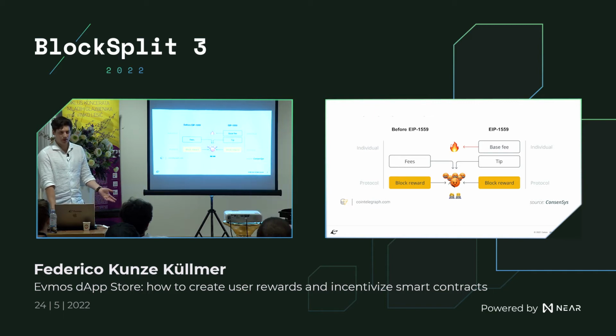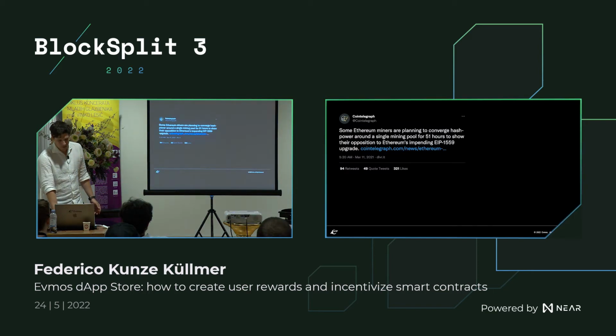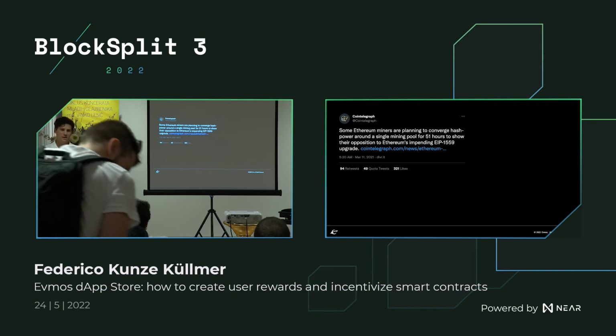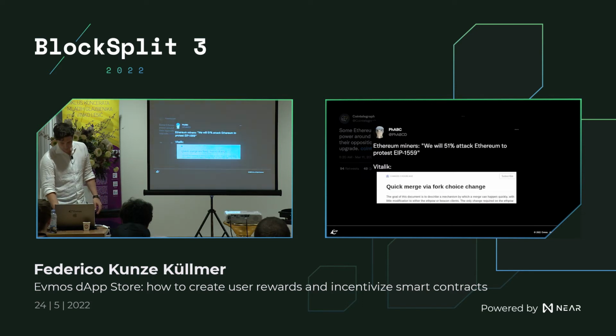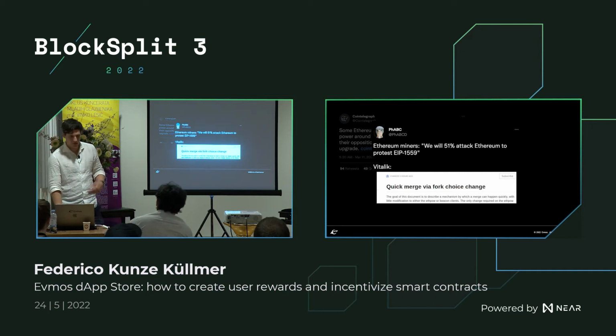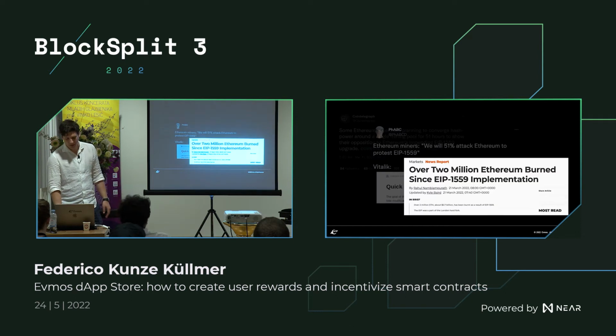There was a huge controversy back in early 2021 where some Ethereum miners, on one of the Ethereum Magicians calls, were threatening to fork Ethereum if this was finally introduced, and they were also threatening a 51% attack on Ethereum in protest.